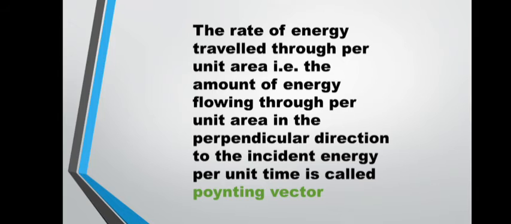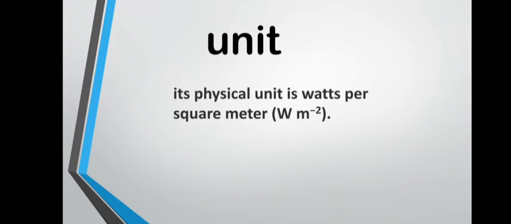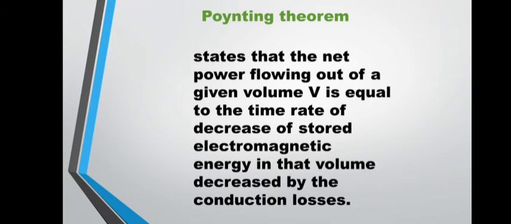Now, what is the Poynting theorem? Before that, let's see the unit of the Poynting vector. The unit of the Poynting vector is watt per meter squared. The Poynting theorem states that the net power flowing out of a given volume V is equal to the time rate of decrease of stored electromagnetic energy in that volume, decreased by the conduction loss.